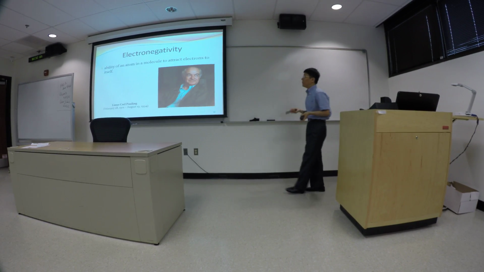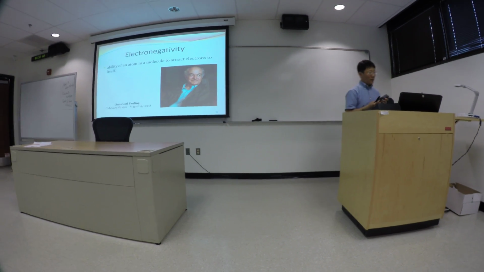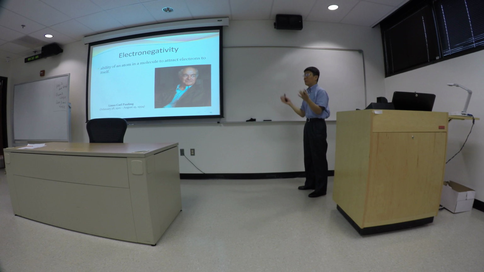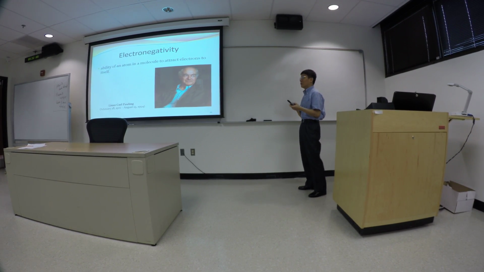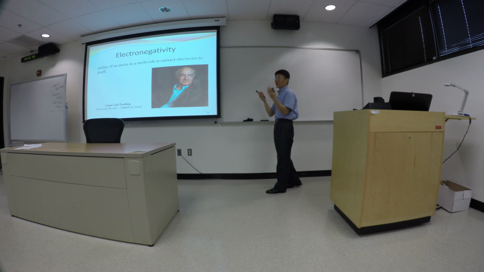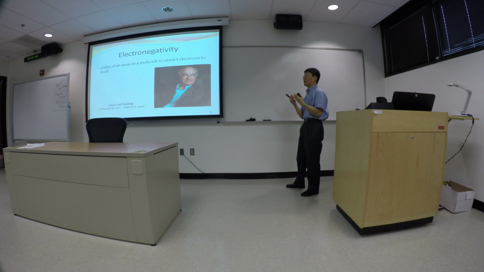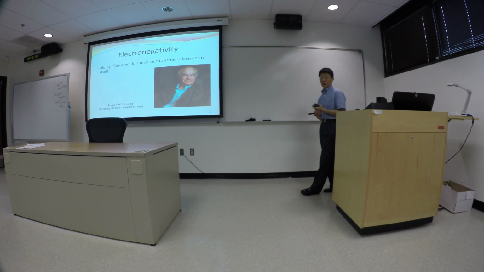Okay, so talking about electronegativity, Linus Pauling, an American chemist, came up with this calculation. He assigned kind of arbitrary values based on how atoms react with one another when they combine together. He did a lot of calculation by himself and his research team.